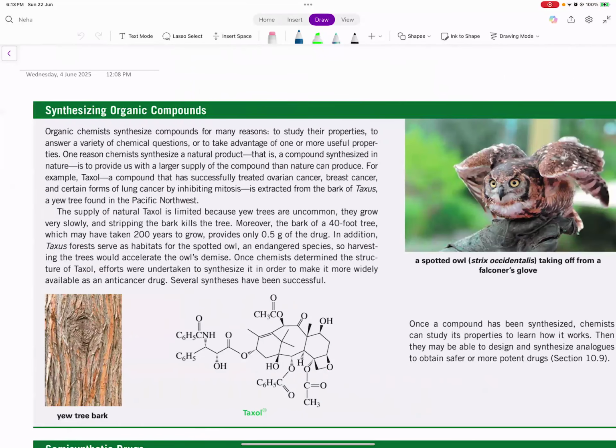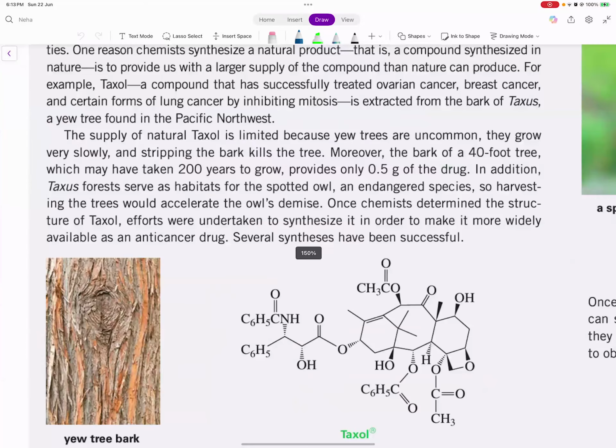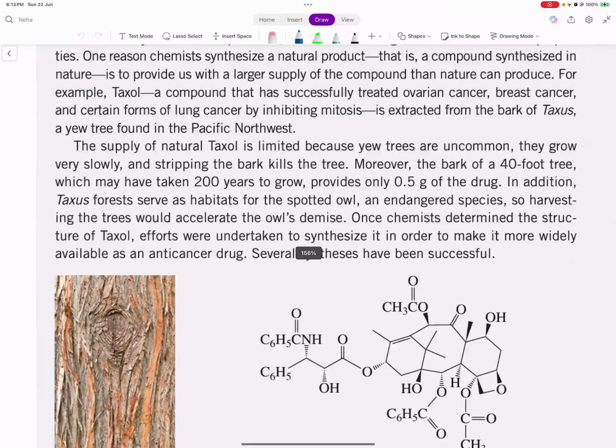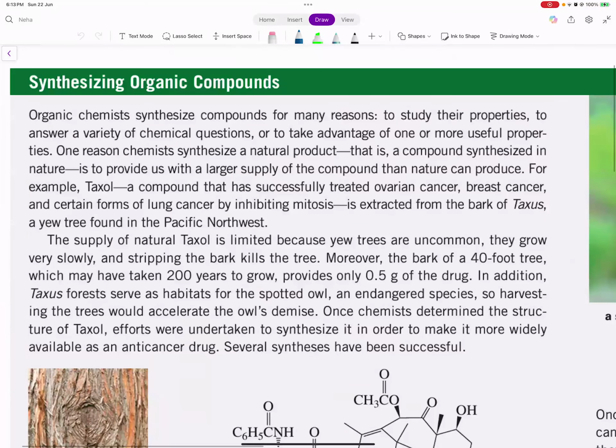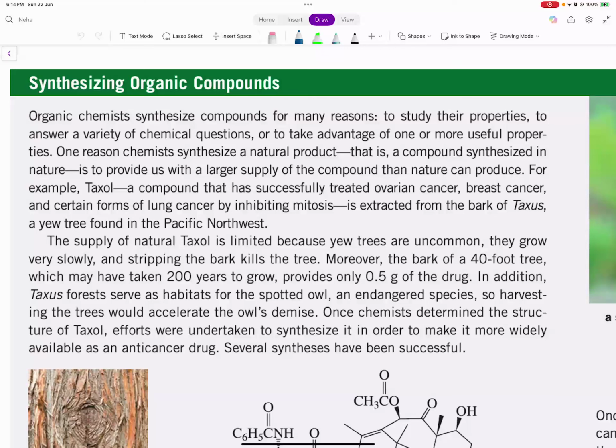Now, synthesizing organic compounds, this is the whole problem. For example, from yew trees we are getting Taxol, which is very good against ovarian cancer, breast cancer, and lung cancer.